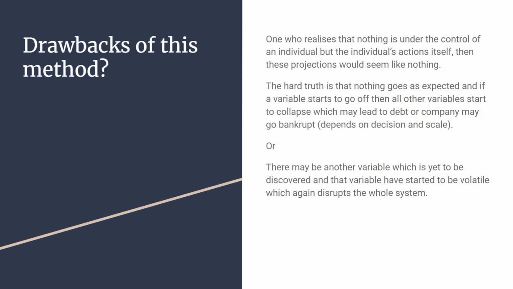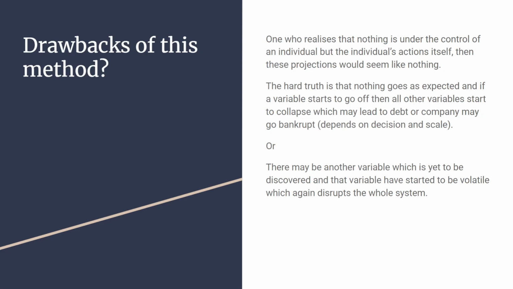As we know, nothing goes as expected, and if a variable, as said earlier, becomes volatile, it may even lead to huge loss for the company, and consequences that would be harsh for the company's future.